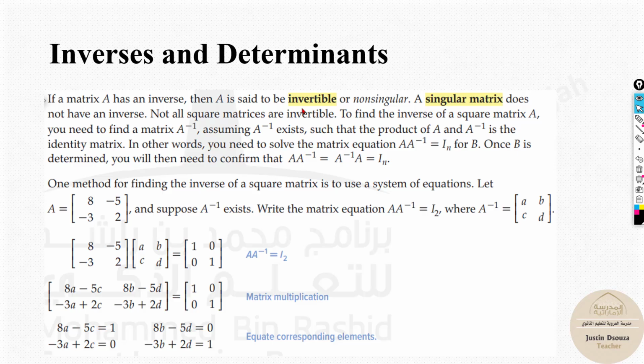Whereas if it is non-invertible, that means there is no inverse for that. Invertible and non-singular mean the same thing: the inverse exists. Now this is important, whereas a singular matrix does not have an inverse.